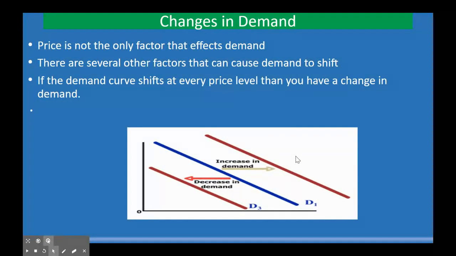And again, this is showing you the shift in the demand curve. Like I said earlier, when the demand curve shifts to the right, that is an increase in demand. When the demand curve shifts to the left, that is a decrease in demand. Remember that demand curves always go downward.